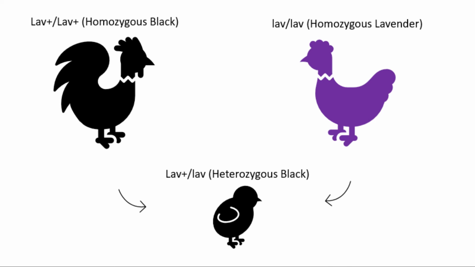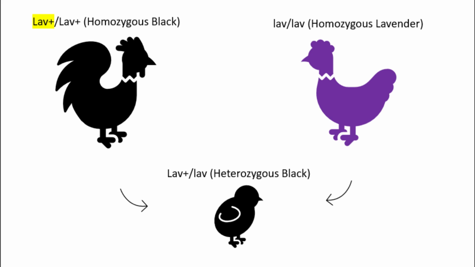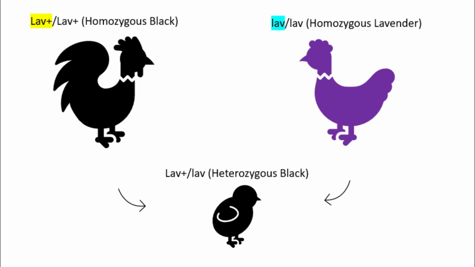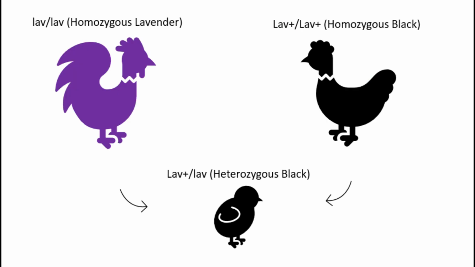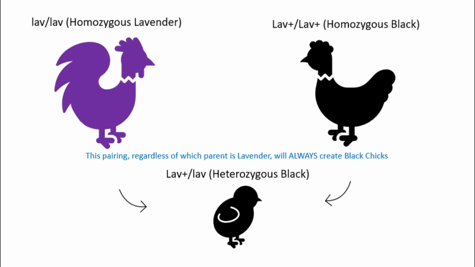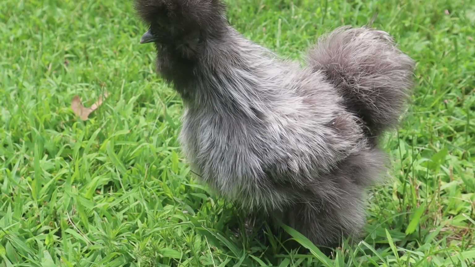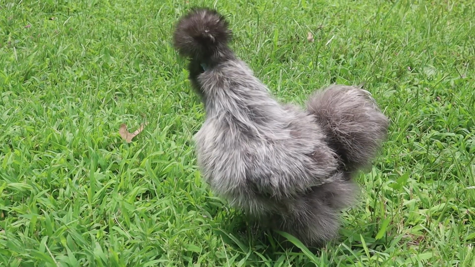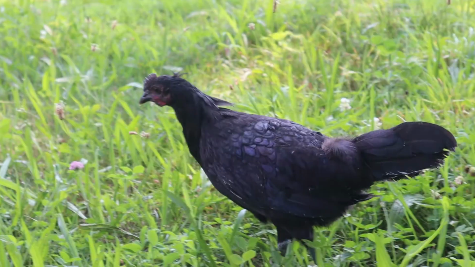For instance, the black gene is always dominant over the lavender gene. Now, it does not matter whether the black gene belongs to the hen or the rooster, because regardless of where the dominant gene, or in this case the black gene, came from, the black gene will always overrule the lavender gene. Now, some genes are sex-linked, which means that it does matter if the male or female is carrying it, but I'm going to leave that for another video.